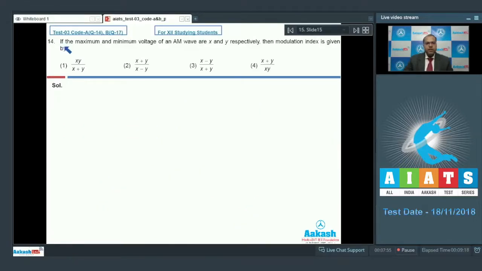In question number 14, if the maximum and minimum voltage of an AM wave are x and y respectively, then the modulation index is given by. Suppose this is the carrier wave and this is the amplitude of the signal. This is AM and let the amplitude of this be AC.